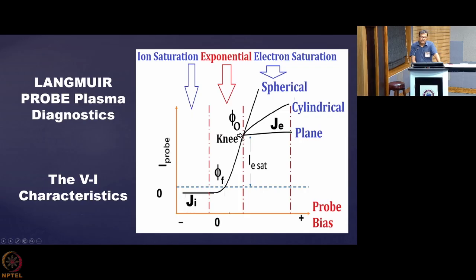Now the zone where the knee occurs gives you the plasma potential. It is very easy to find the knee point of the current voltage curve, and the voltage corresponding to this point gives you the plasma potential phi 0. Now this part is the electron saturation current and this is the exponential zone.